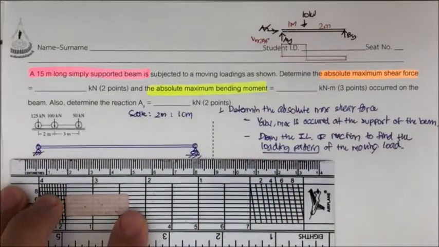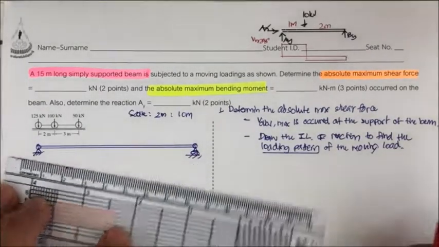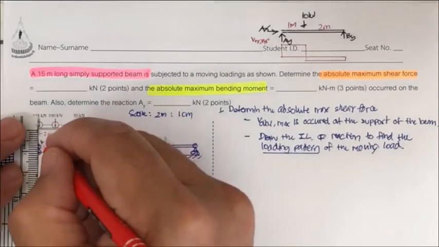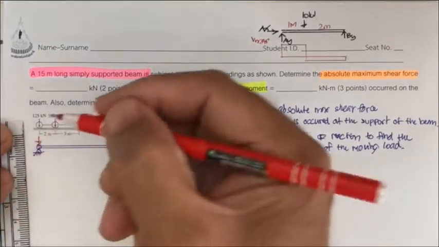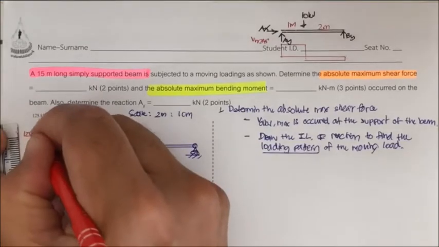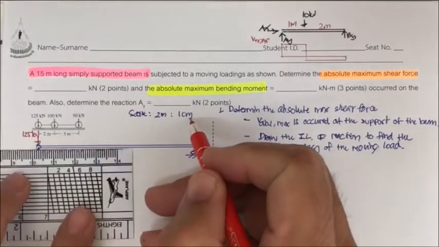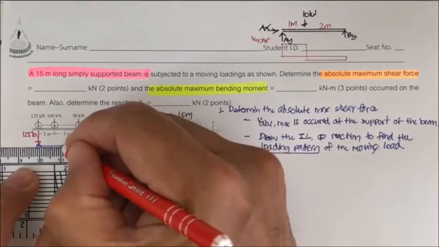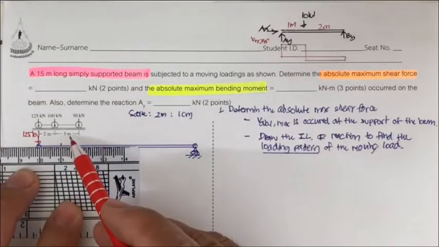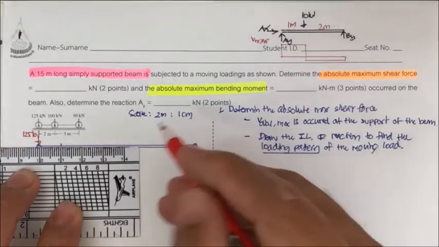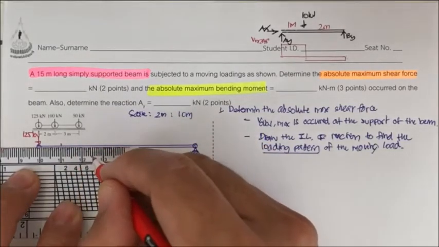If you do that, you may put the moving load like this. This is going to be 125 kilonewton and this is 2 meter. 2 meter is 1 centimeter, so it's going to be this one. And next is 3 meter. That is going to be 1, 2, and 3.